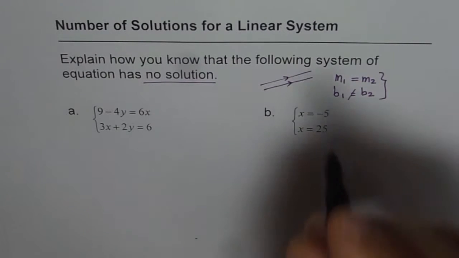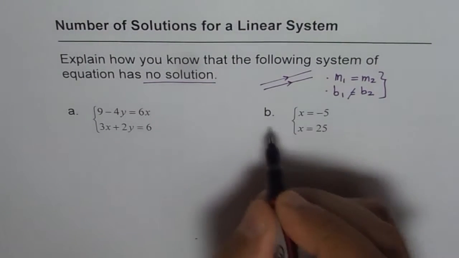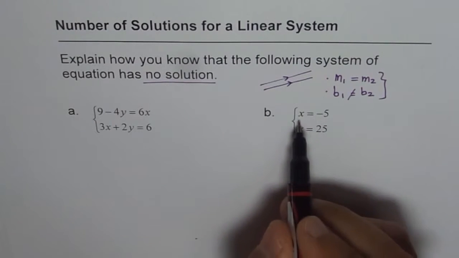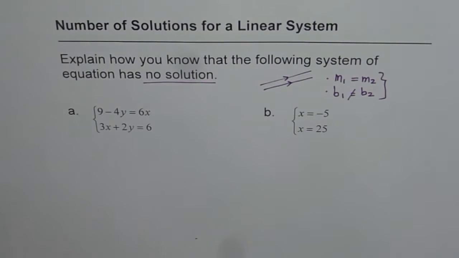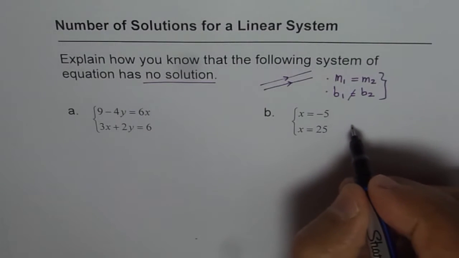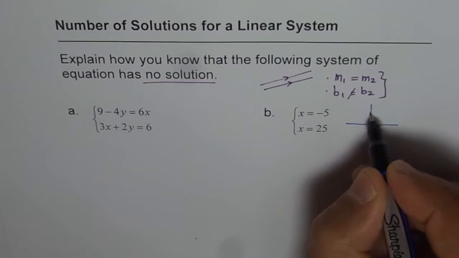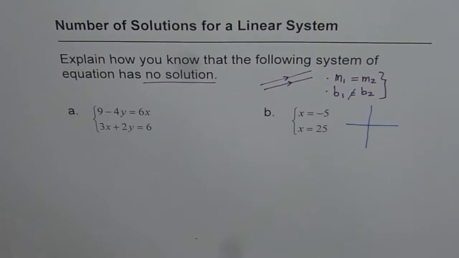Now let's begin. Part B is very simple. It says x equals minus 5 and x equals 25. In this case, what do you think is the slope of these lines? If you have to sketch these lines, how will you sketch them? First one, x equals minus 5.